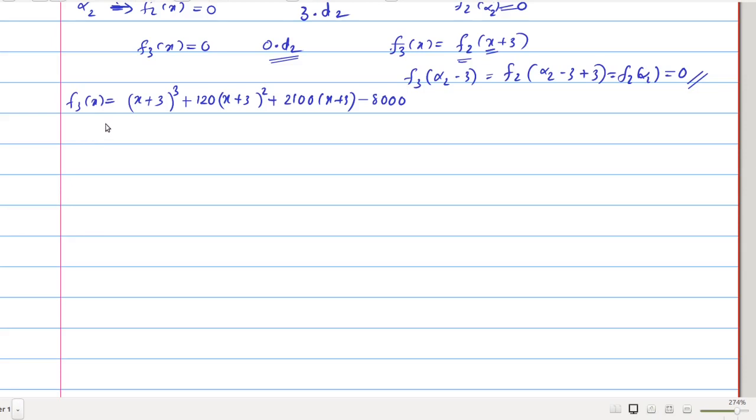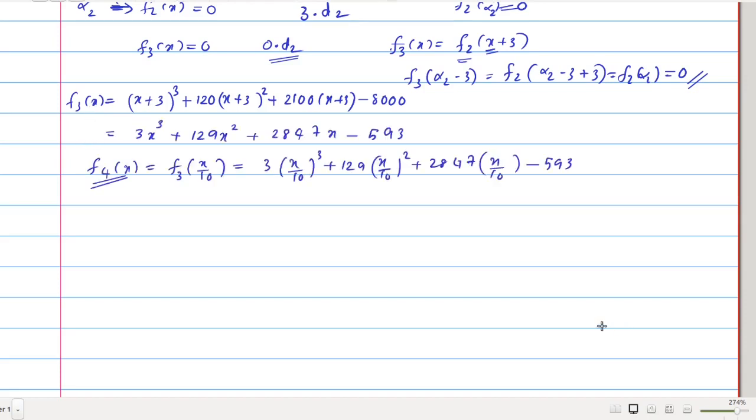f4 of x can be obtained by the previous argument by replacing this x by 10. So that will give f4 of x. This is our f4 of x, and you can simplify this.